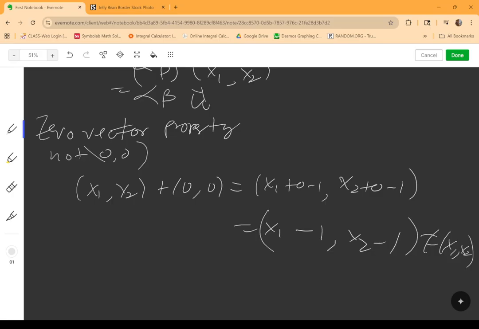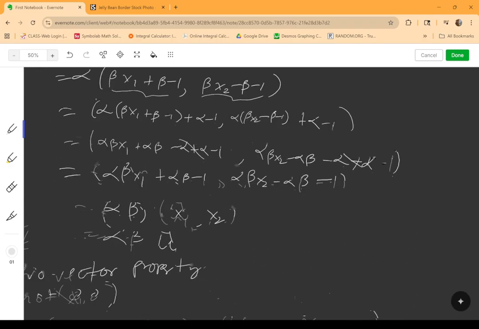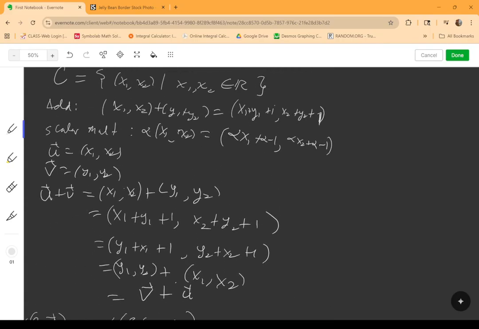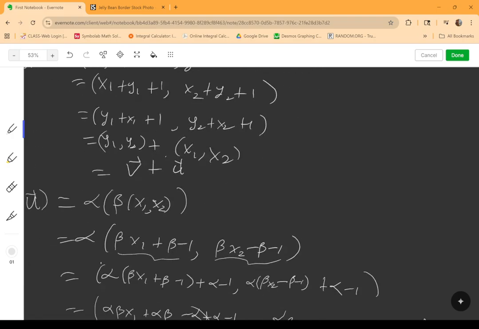But what if instead of thinking of (0, 0), what if I instead chose the vector (-1, -1)? Yes, sorry, I got these switched around over here.